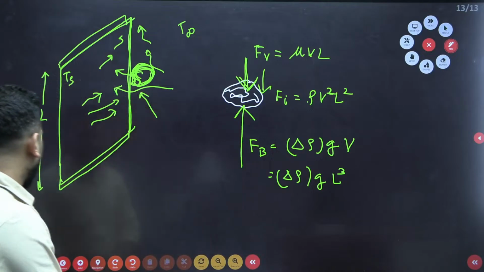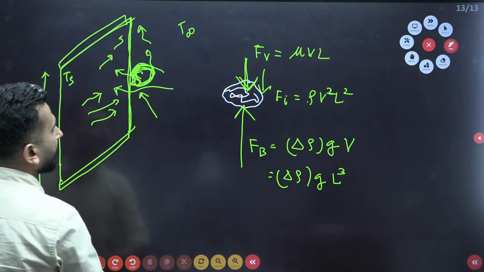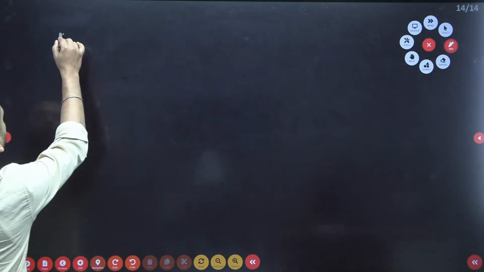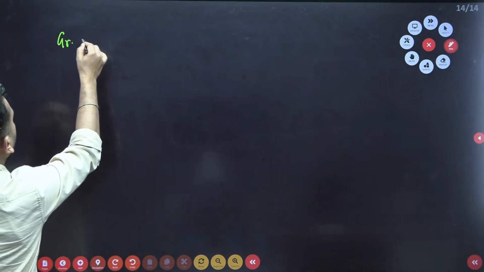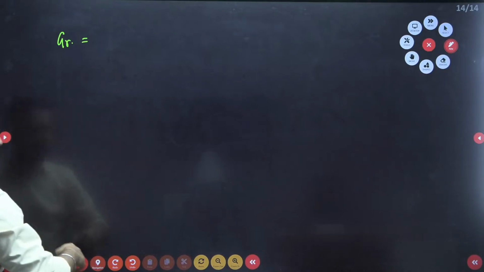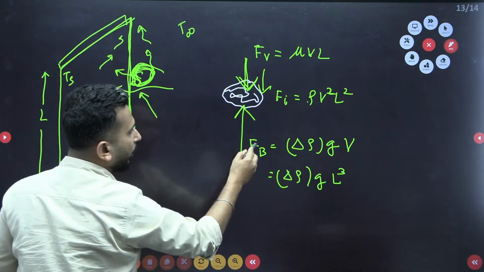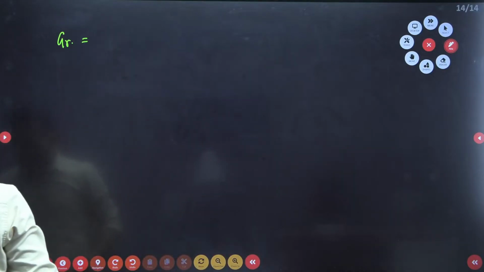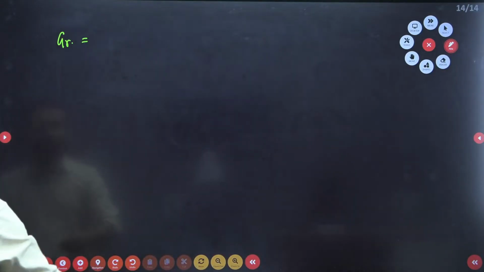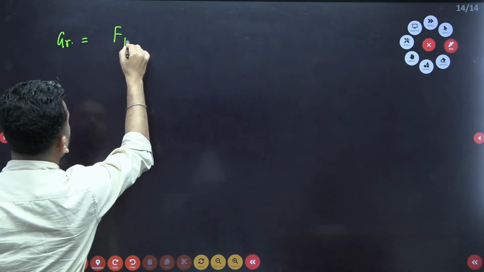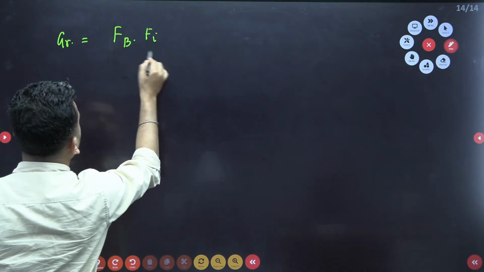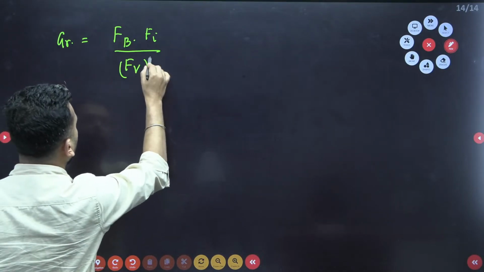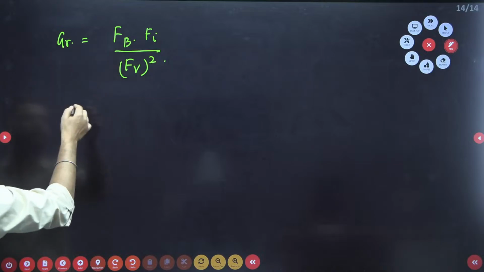So I will give you an idea how Grashof's number is obtained. Using these three forces only, Grashof's number will be made. Your Grashof number will be buoyancy force into inertia force divided by viscous force whole square. This is the formula for Grashof's number.